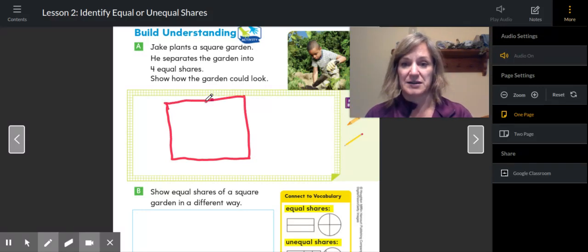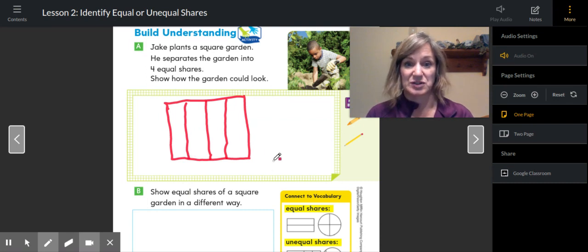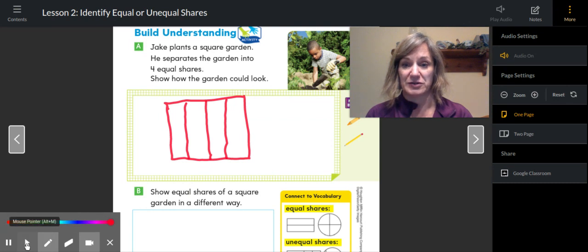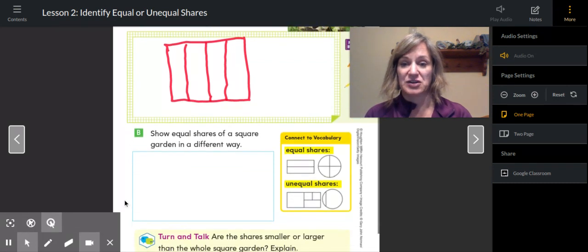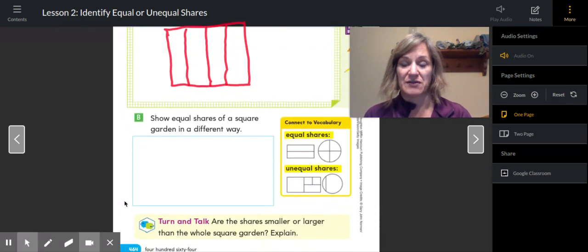You could divide it into half, and then you could cut it across this way, or you could cut it here and here, making sure that all 4 parts are equal. Or you could make it into the 4 triangles, just so you have 4 equal parts. At the bottom of the page, show equal shares of a square garden in a different way. So if you did it this way at the top, maybe at the bottom you want to do 4 triangles.